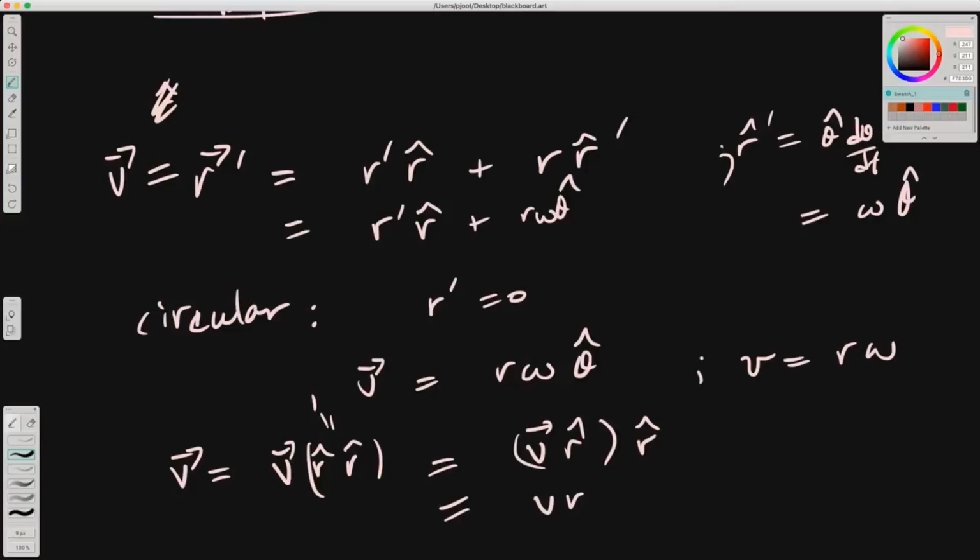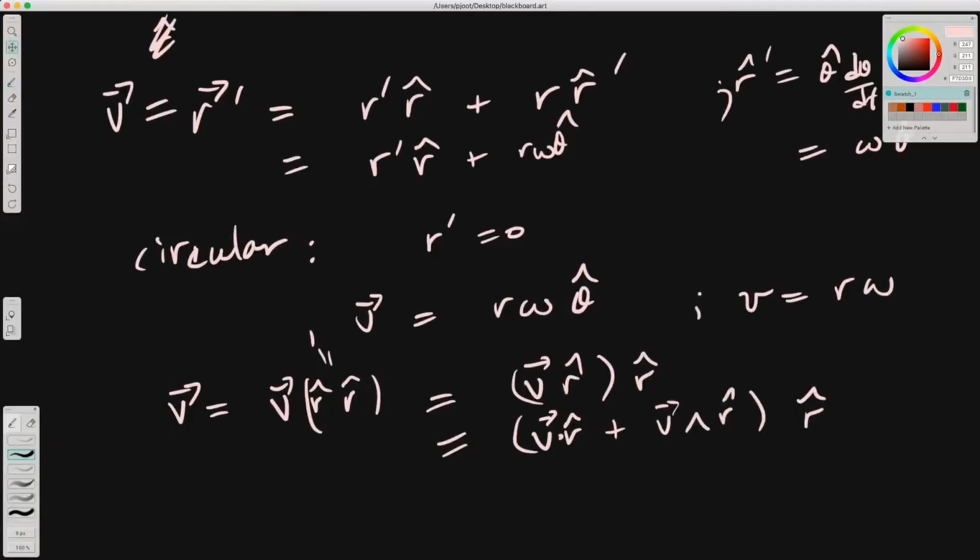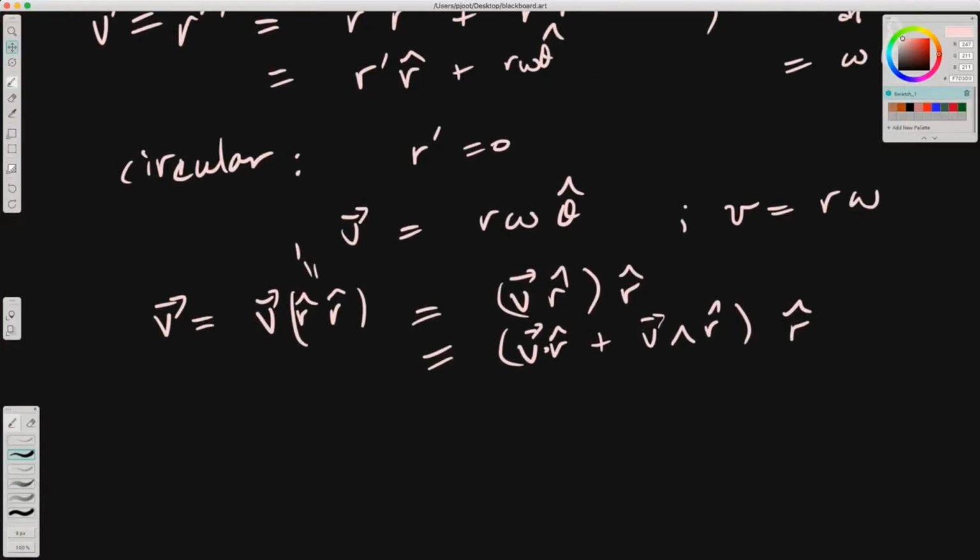Now we can write v dot r hat plus v wedge r hat. So now we have correspondence between the projective description of the velocity and the derivatives.